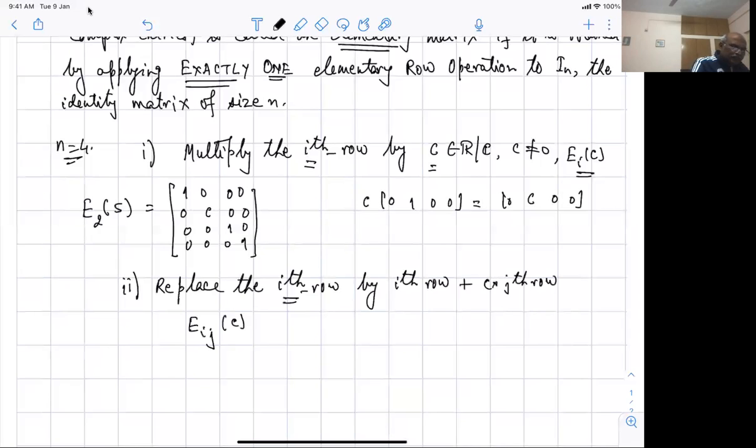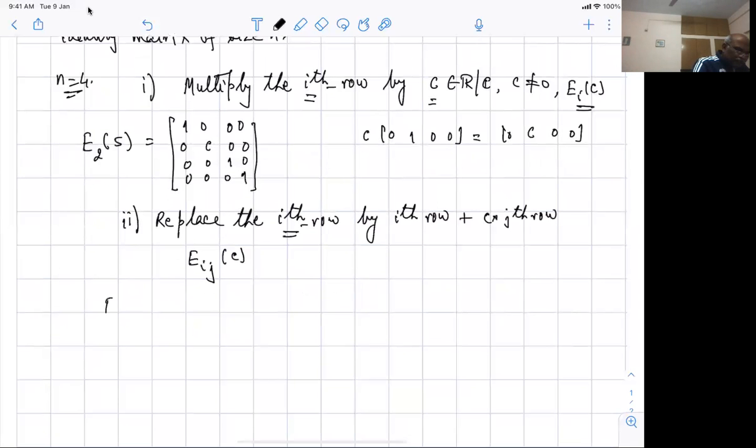This is the notation. So for example, if I want to look at E13 of say 2, then what we are doing is the first row has to change. So let's write things here. First row of identity plus 2 times third row of identity.